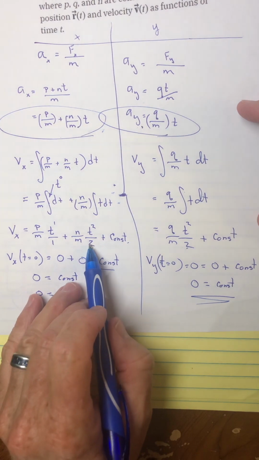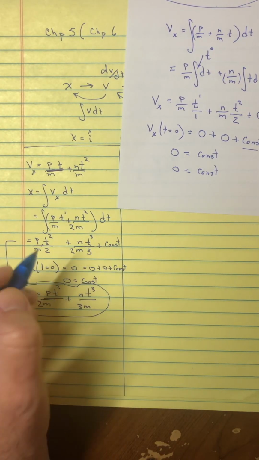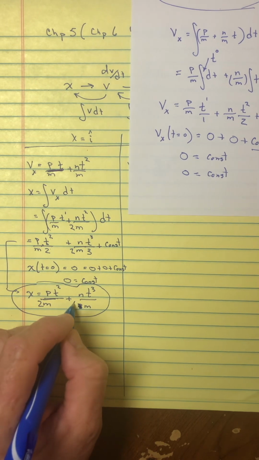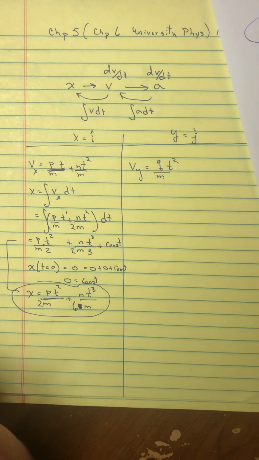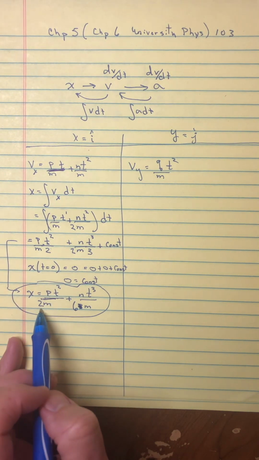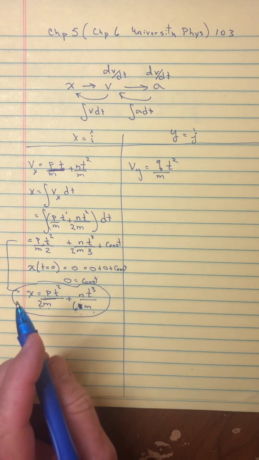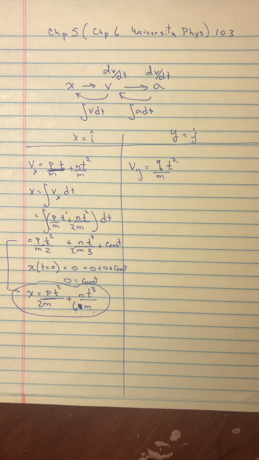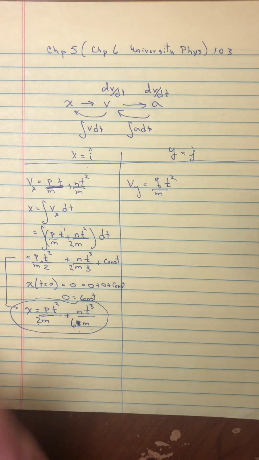Yeah, I was thinking there was a 2 here. So there should have been a 2 here, which makes a 2 here, which makes a 6 here. Actually, let me look up at the answers. Did they get a p t squared over 2m? They did, and an n t cubed over 6m, yeah, 6. Yeah, okay, good. And then, of course, they wrote it like an i hat and a j hat in the solution.